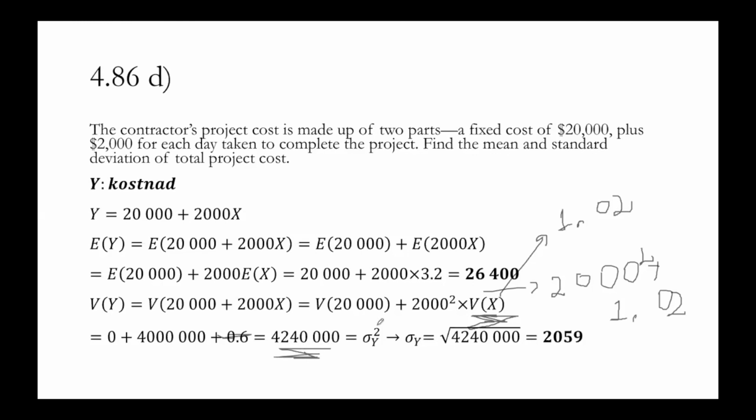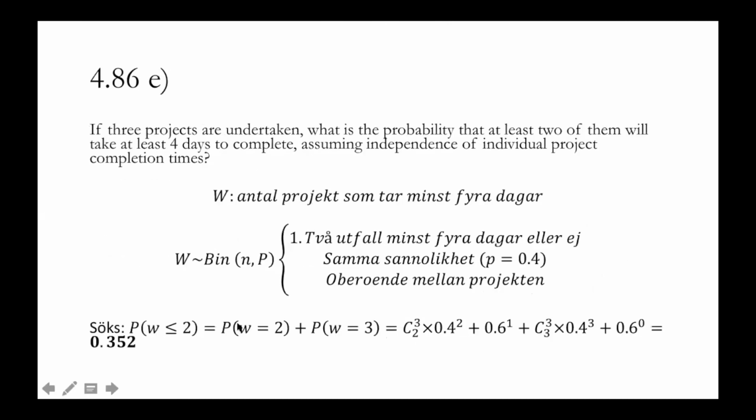And then the variance will be the square root of the standard deviation. So in the next exercise, if the 3 projects are undertaken, what is the probability that at least 2 of them will take at least 4 days to complete, assuming independence of individual project completion times?